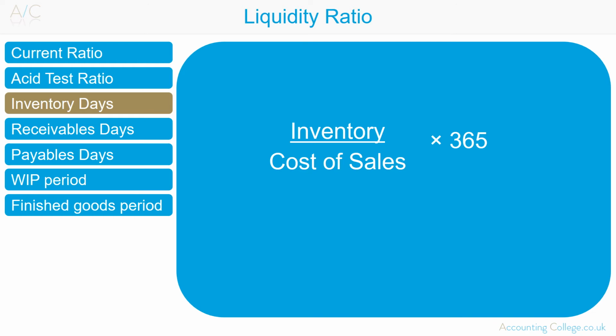Long inventory holding periods can result in inventory becoming obsolete. On the other hand, too little inventory can result in production stoppages, missed sales, and dissatisfied customers. An increase in inventory days could indicate that an organization is having trouble selling its products.